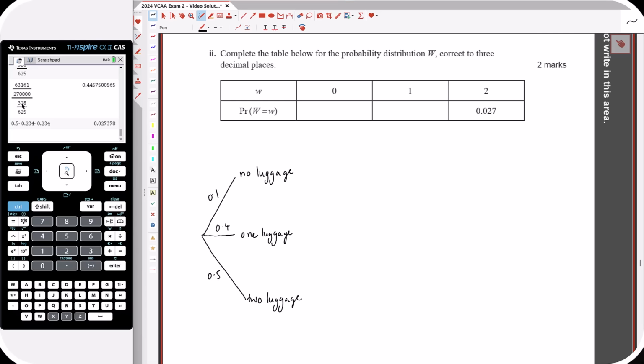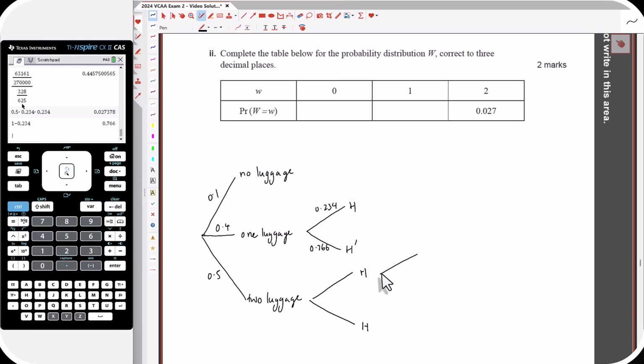Then the one-luggage person, that bag could be heavy or not heavy. So that's 0.234, and then 1 minus 0.234, it's 0.766. Sorry, that should be not heavy. And then the two-luggage people could have heavy or not heavy, and then heavy or not heavy.